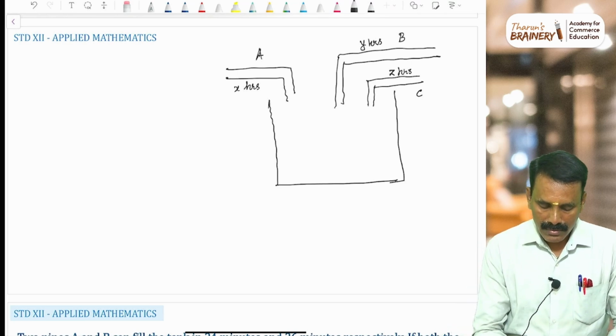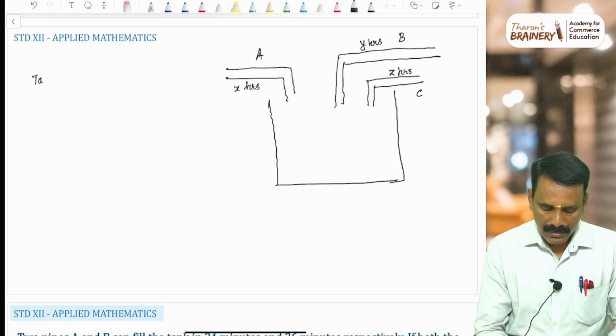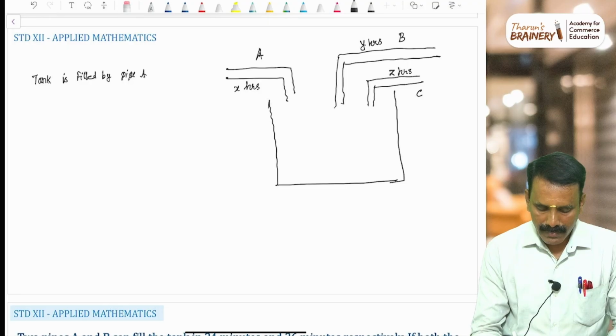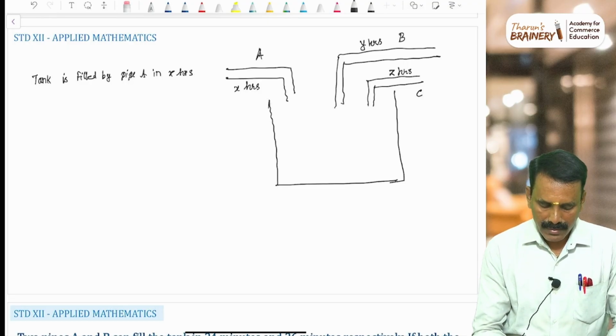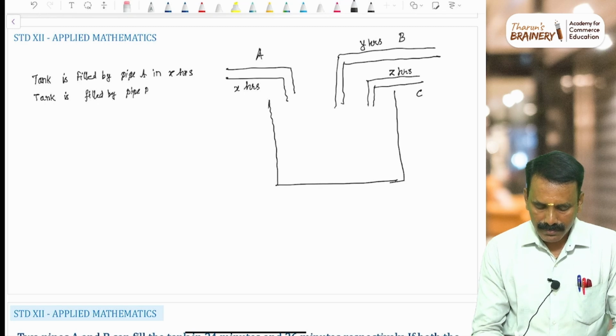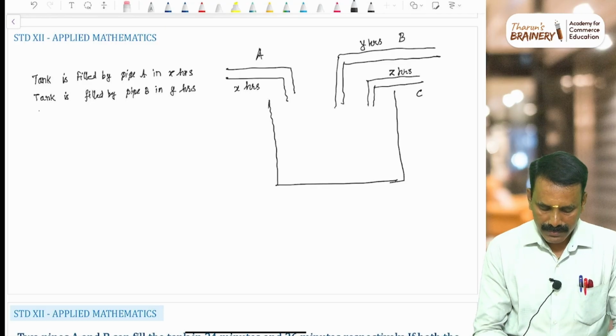So the tank is filled by pipe A in x hours. It is filled by pipe B in y hours.